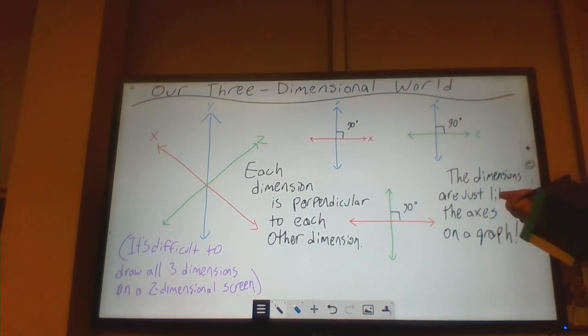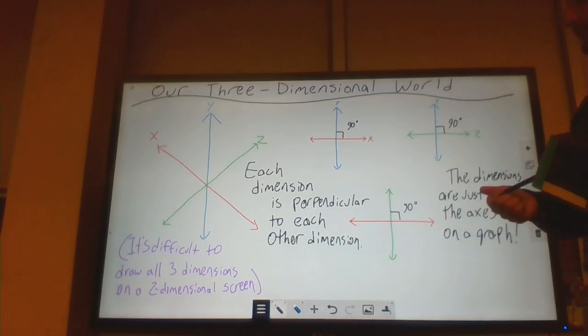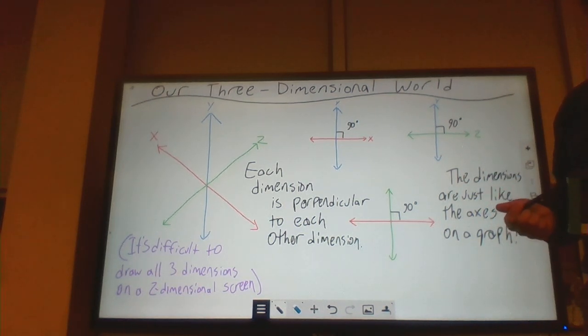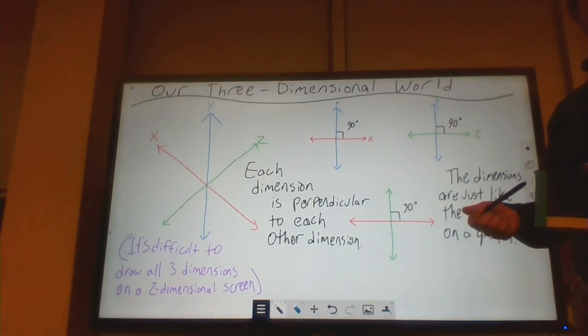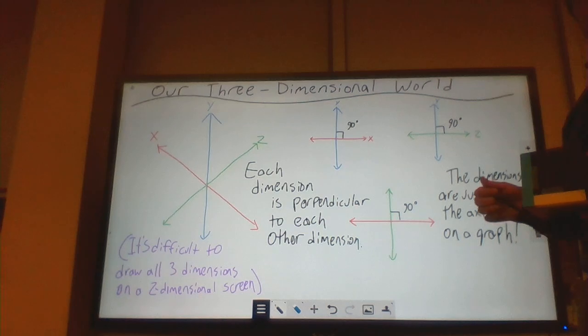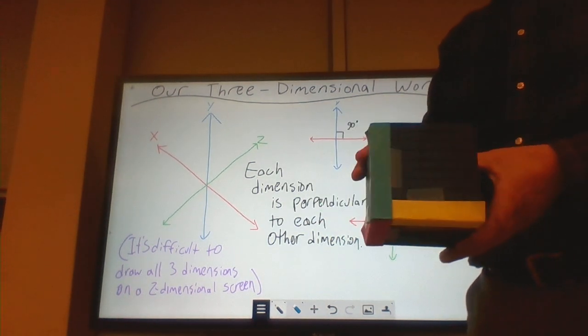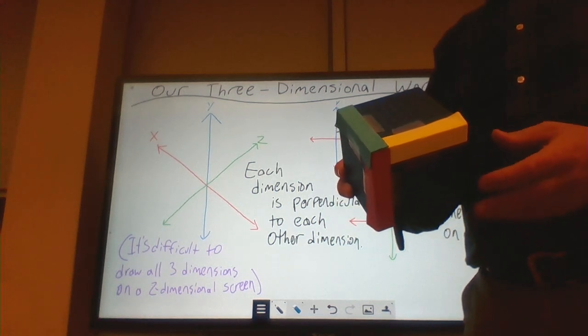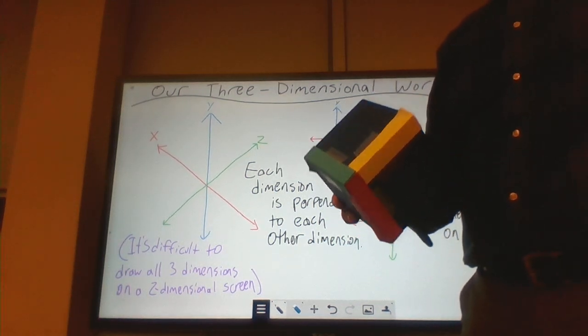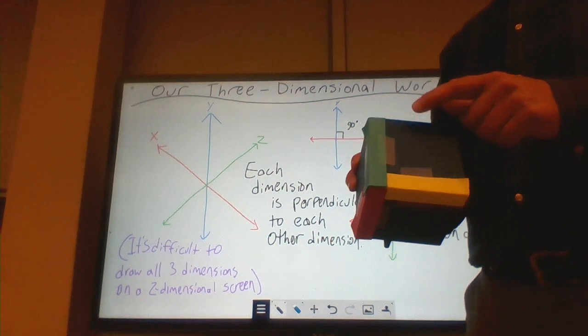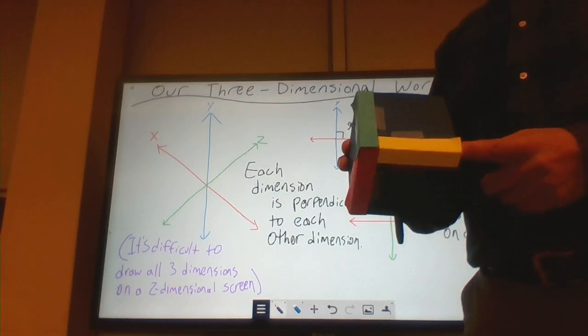And really, this is called a Cartesian coordinate system when we're graphing. And it is possible to have a three-dimensional graph with coordinates. Perhaps you could imagine a point inside this cube. We could actually pinpoint this using a set of three numbers: an x number, a y number, and a z number.